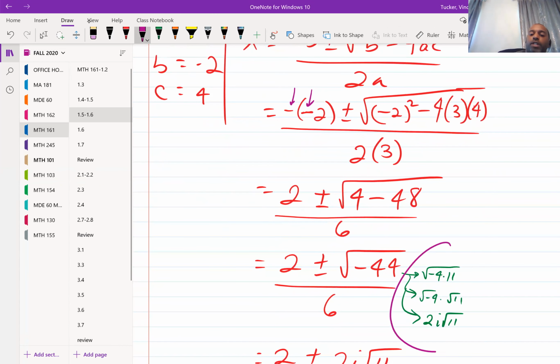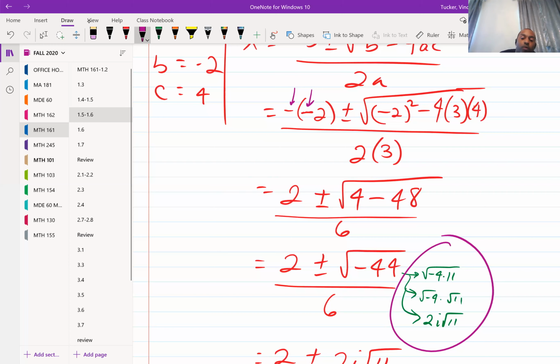And here in the green is me breaking down the square root of -44. Similar to what we were talking about before, when you have a number that's not a perfect square, you look for factors of that number that you can take the square root of. So I broke up that 44 into 4 times 11. And we do have that negative under the radical, so we have to consider that part as well.